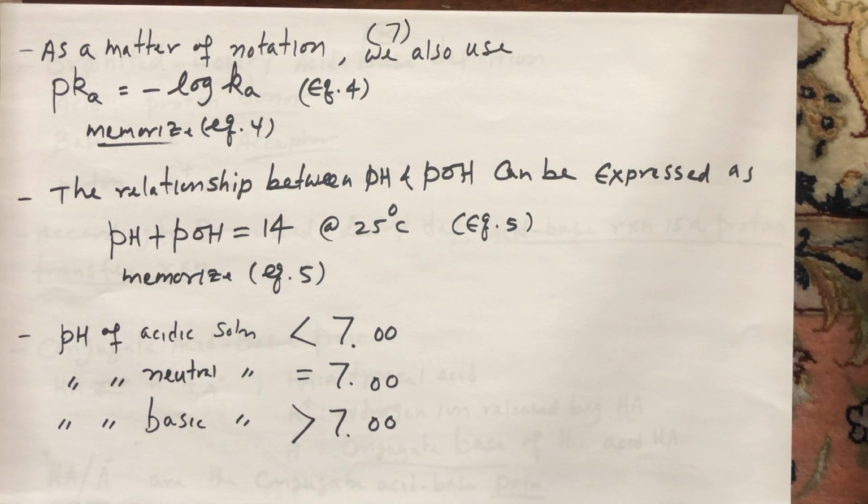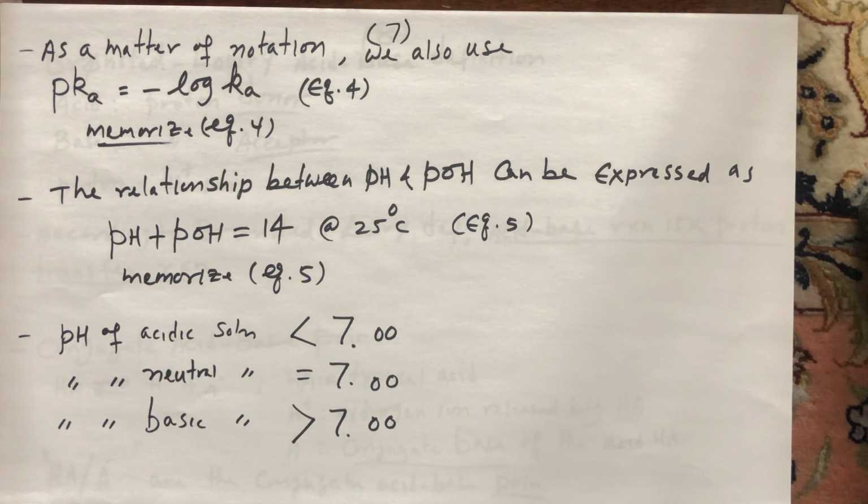Now, as a matter of notation, we are going to write the pKa as the negative log of Ka. From now on, when we write pKa, what we mean is the negative log of Ka. Remember, Ka is the acid dissociation constant, usually referring to a weak acid dissociation.